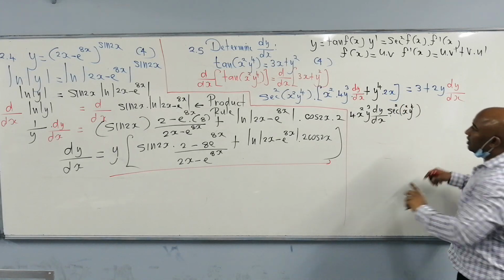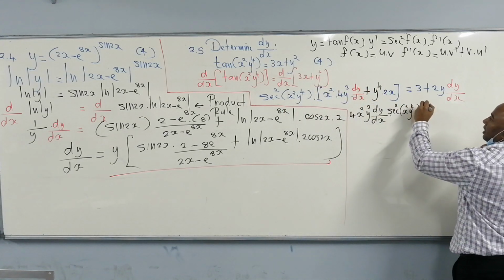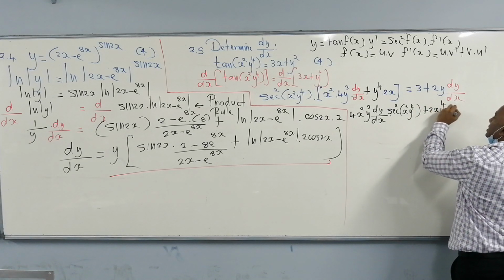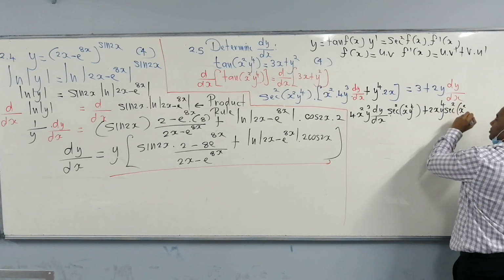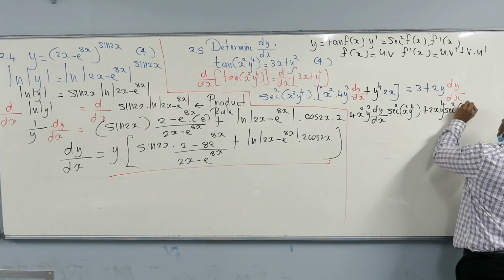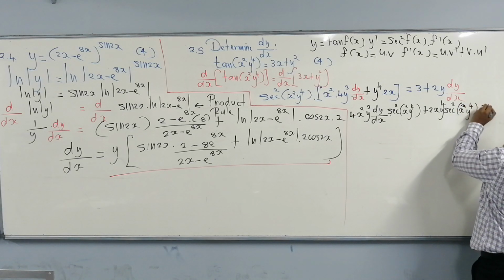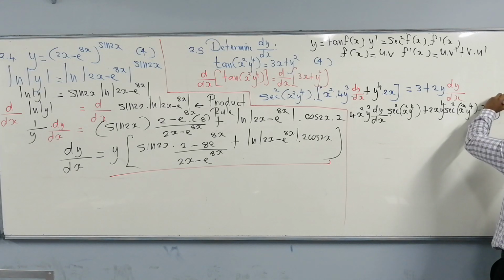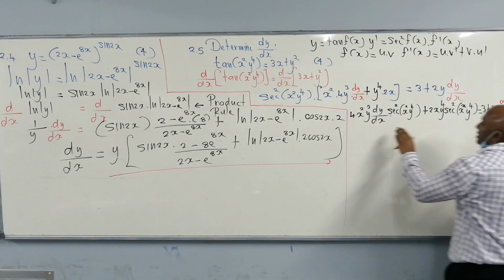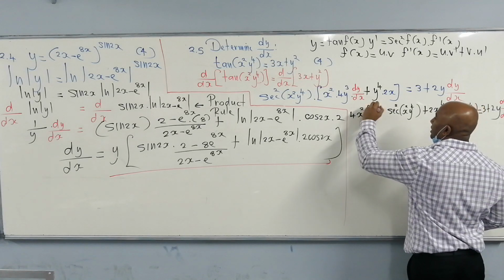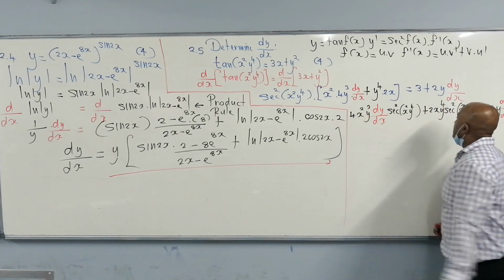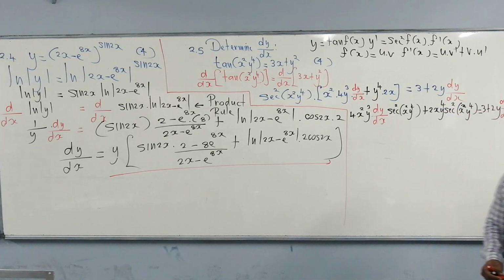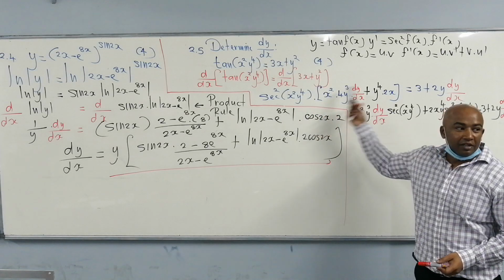So I multiply there, and then that times that will be plus 2x y to the power 4 sec squared of x squared y to the power 4 is equal to 3 plus 2y times my dy over dx. So there's my dy over dx. Right, now it's just manipulating a formula, nothing difficult here. The main thing is, did you know what's happening over here?